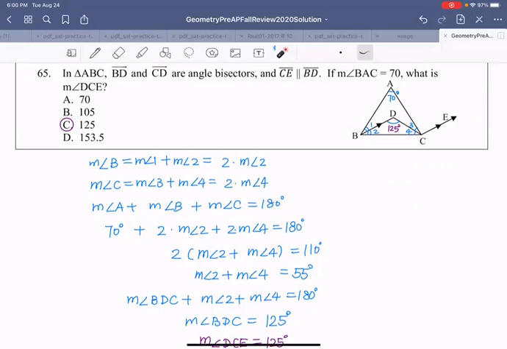Okay, and then the measure of BDC plus the measure of angle 2 plus the measure of angle 4 equals 180, since that's the small triangle. BDC equals 125, since you subtract 55. And since BDC and DCE are alternate interior angles, it equals 125. Yes. Okay.